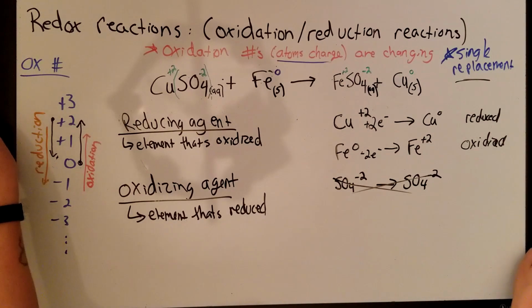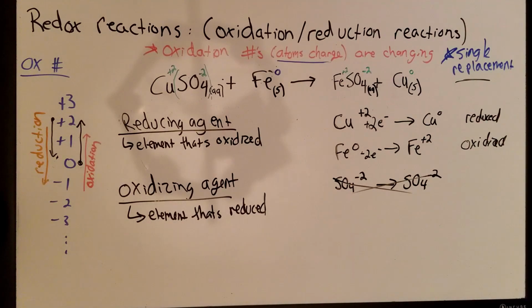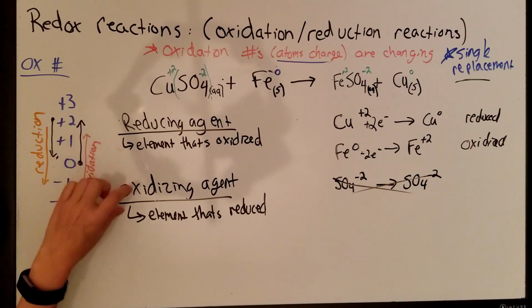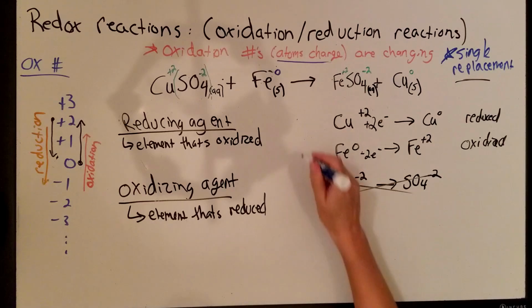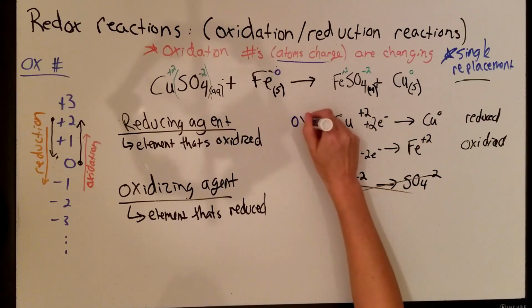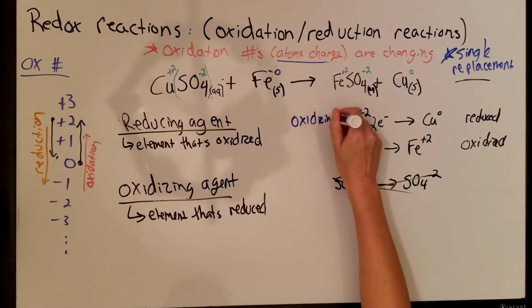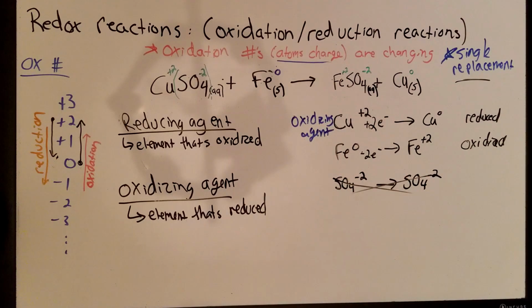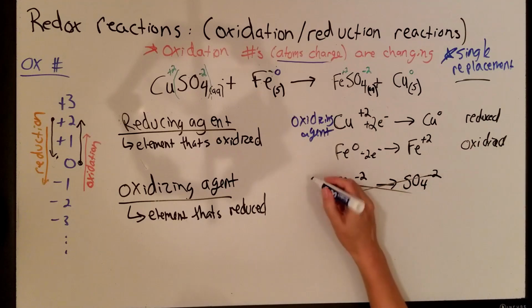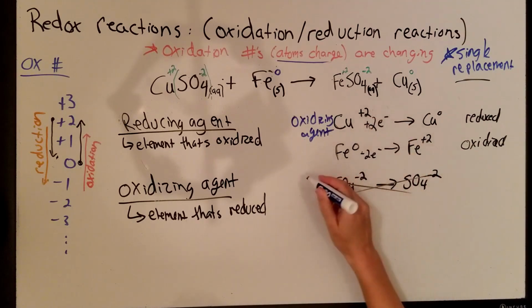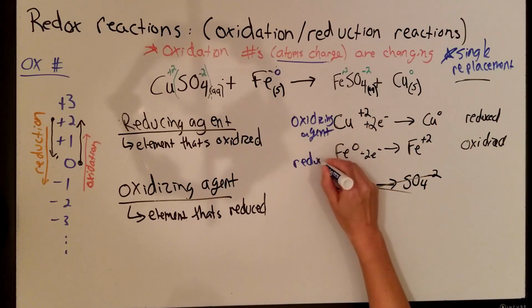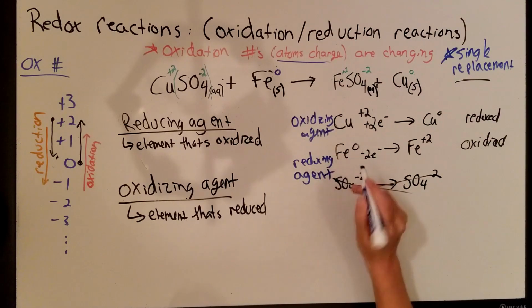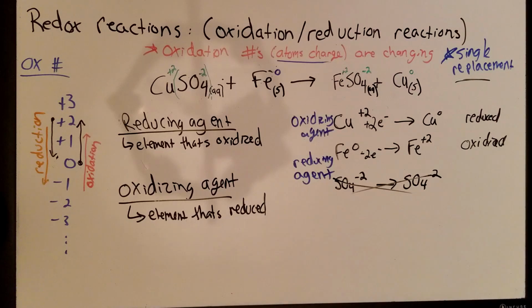So copper in this case has been reduced, so it is the oxidizing agent. And since iron has been oxidized, that means it is reducing copper, so it is the reducing agent. So this is just a definition, not really anything else to figure out other than to apply the definition here.